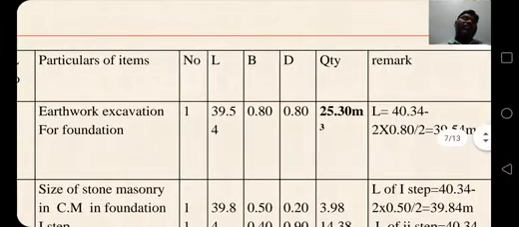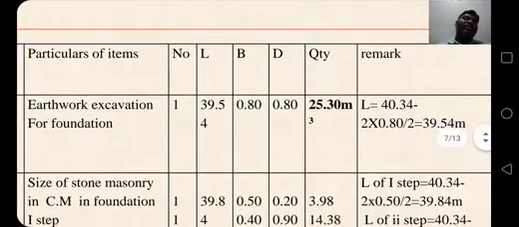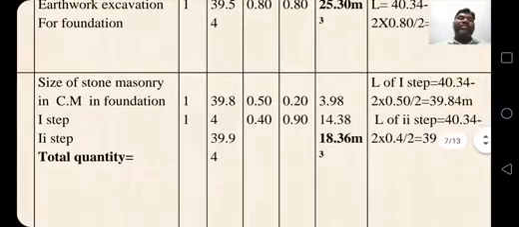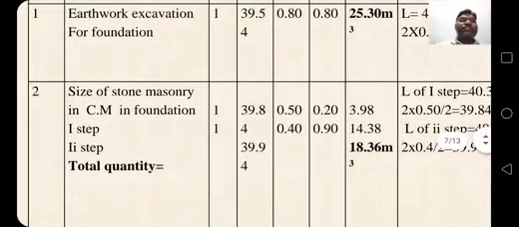The length is equal to 40.34 minus 2 into width of the excavation by 2 is equal to 39.54 meter, into breadth 0.8 and depth 0.8. Multiplying 1 into number into length into breadth into depth, 1 into 39.54 into 0.8 into 0.8, the quantity is 25.3 meter cube.